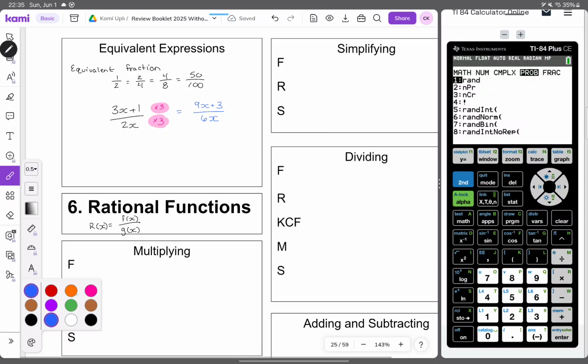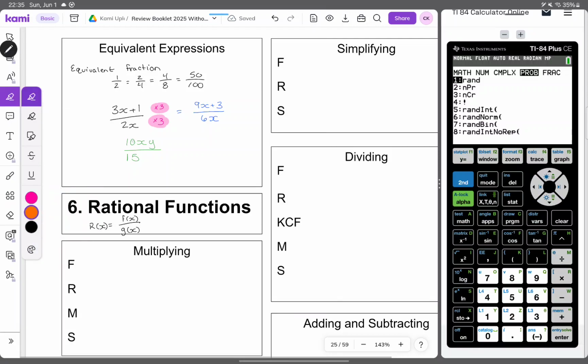I can also do it by simplifying. So maybe my original function is 10xy over 15. I can see here that I have something that I can simplify. I can math frac this.